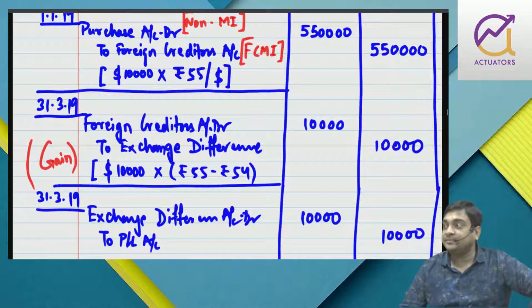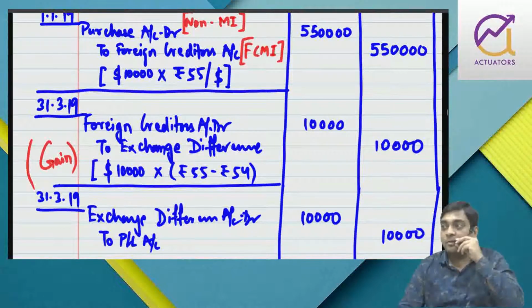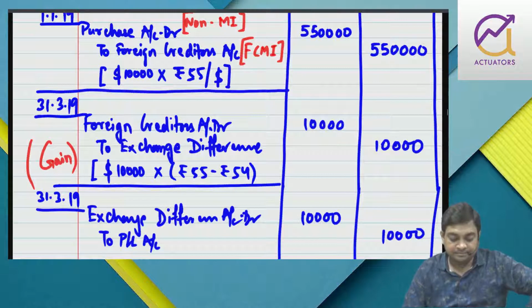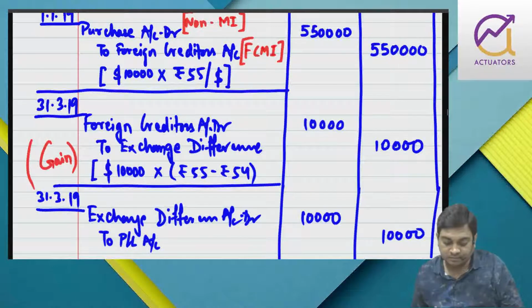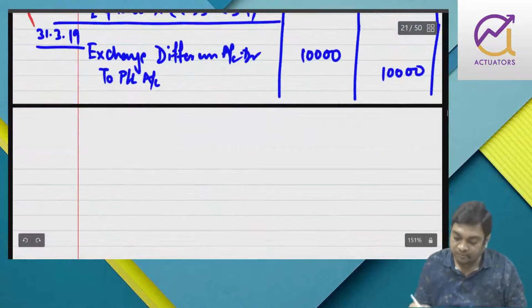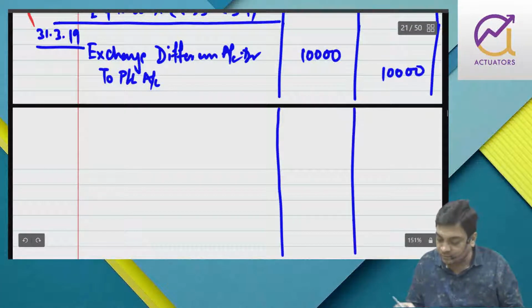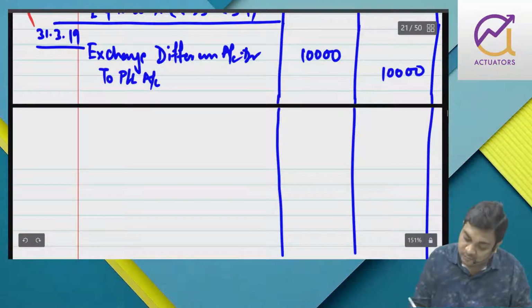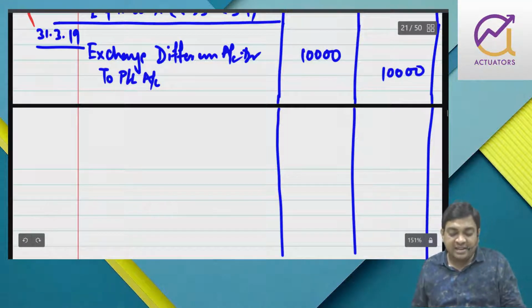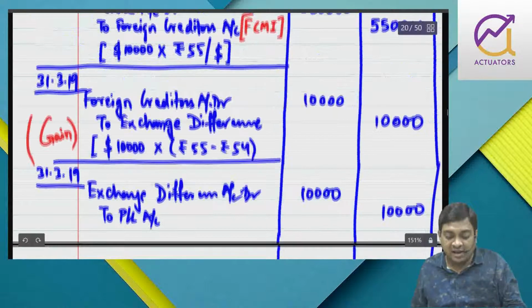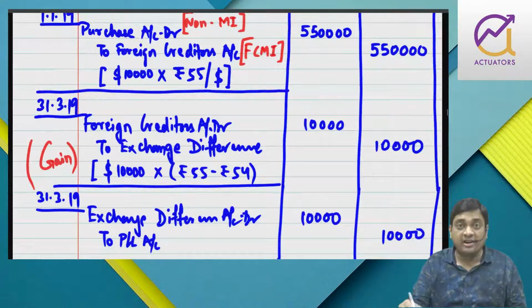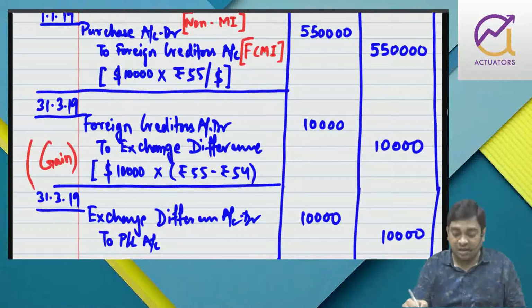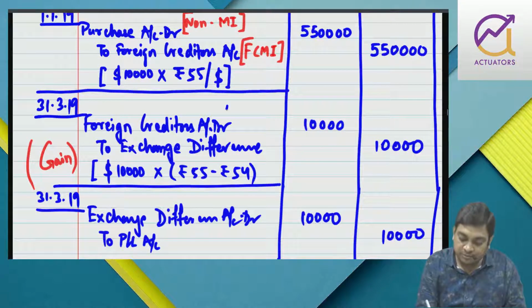Is that fine? I hope things are very clear. So now this foreign creditor is recorded at 5,40,000. Initially it was recorded at 550, but I have shown gain of 10,000. So liability is reduced.